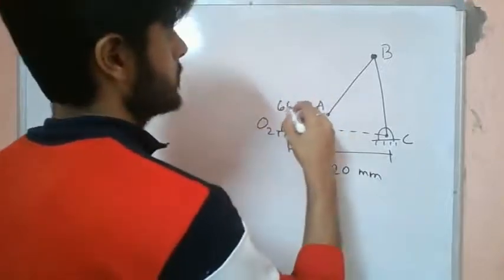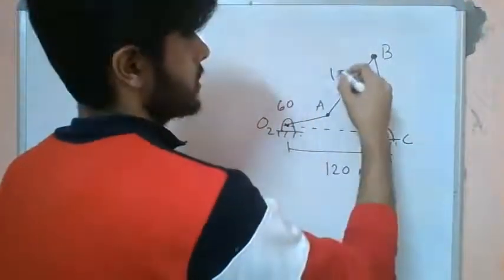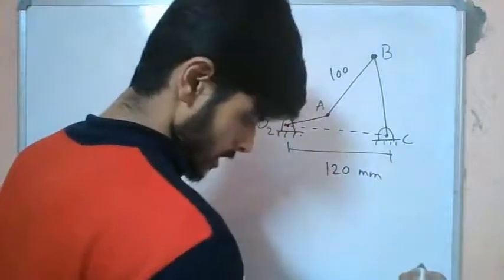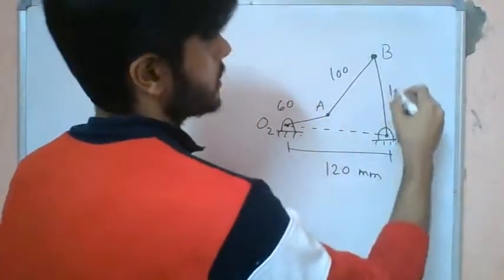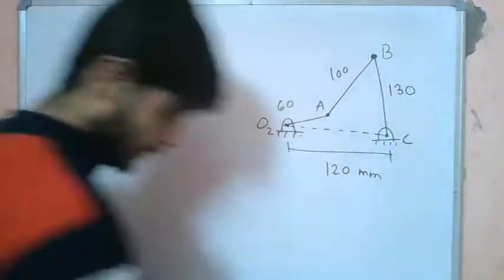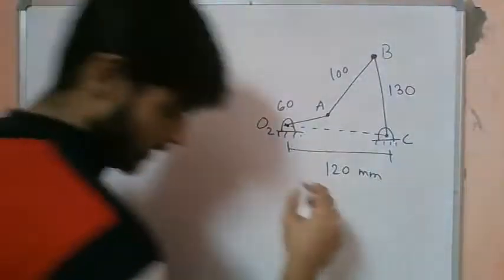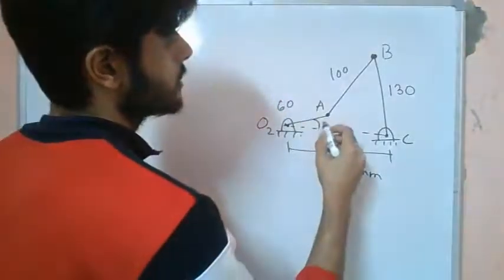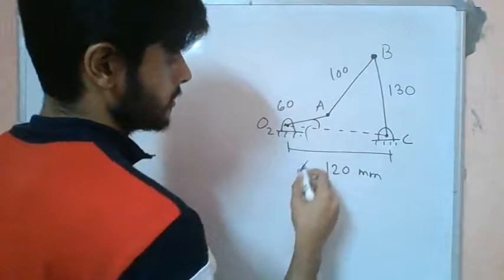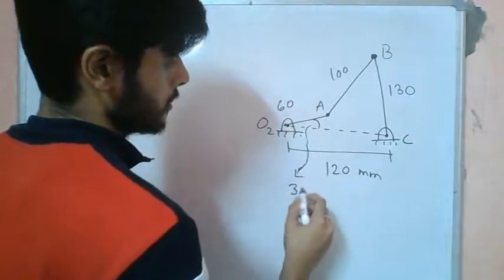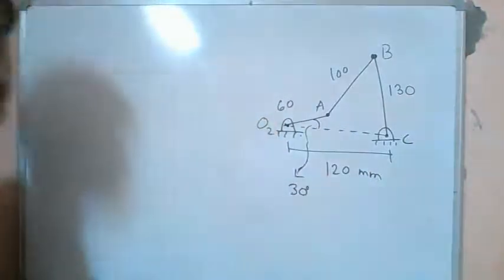This is 60 mm. This is 100, and this is 130. This angle is given as 30 degrees.